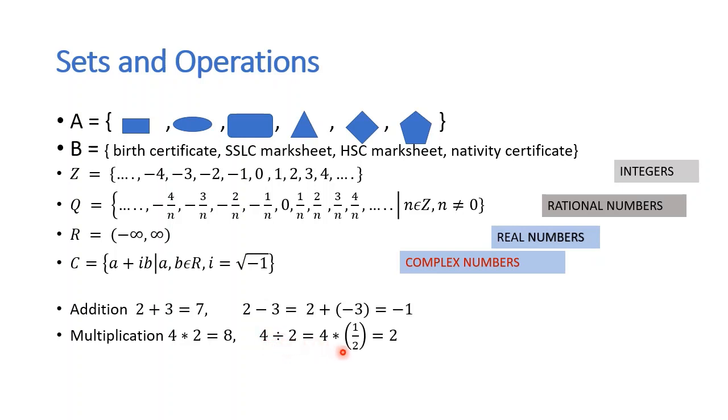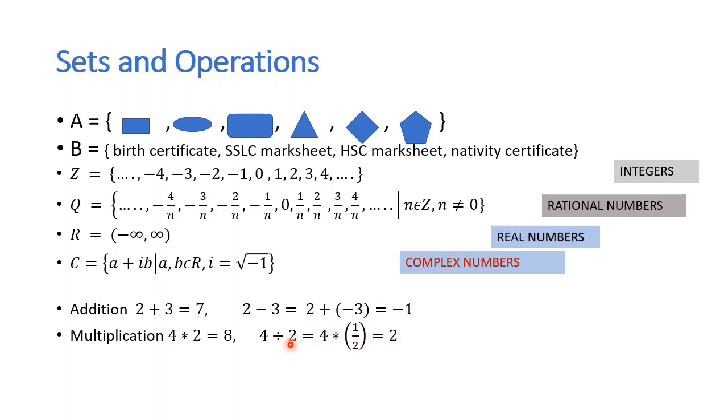Division is another form of multiplication, where 4 divided by 2 is nothing but 4 into 1 by 2, where the second number has its reciprocal and that is multiplied with the first number. So 4 into 1 by 2 is only 4 divided by 2. So we get the result 2. Actually, when seeing these two elements, we see that these two belong to integers, and 4 divided by 2 is 2.